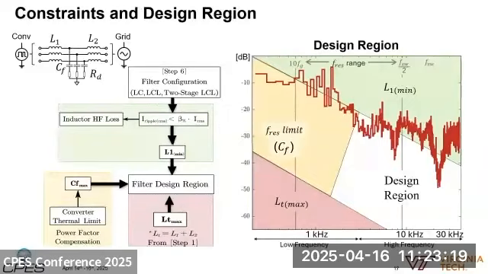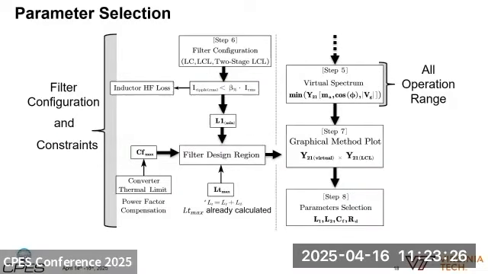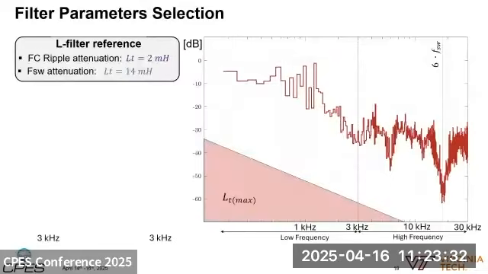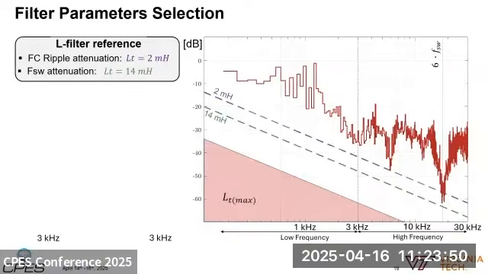That way we have that design region where we can play with the parameters and verify the design. So the next step is to plot the attenuation curve of our condition and verify if we can get the attenuation required. So for example, right now we have the attenuation curve for our prototype. Then we can see, okay, if we use an L filter to attenuate up to the switching frequency, what would be the size of the filter?